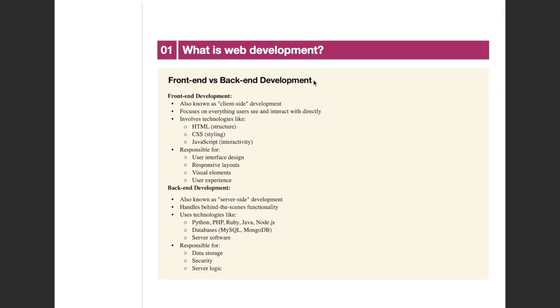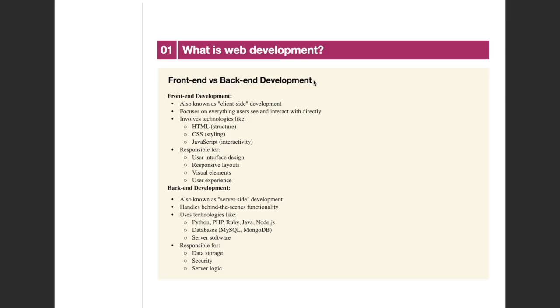Now, when we talk about backend development, the backend on the other hand is the kitchen of the restaurant. It's the server side handling all the behind the scenes functionality. This is where your data storage, server logic, and security happen.